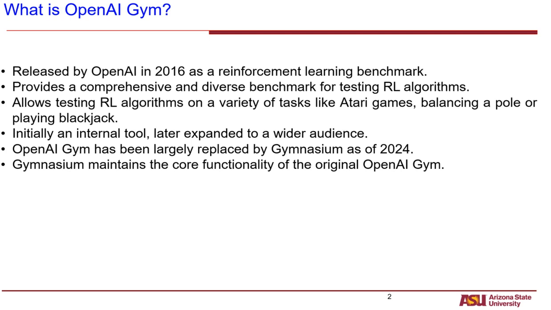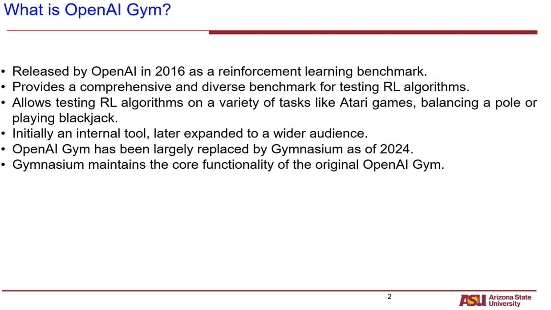After the success of using reinforcement learning to win over a human in the game of Go, there was a lot of interest in the topic, and the authors and other researchers felt the need for a tool or platform on which different algorithms can be tested in a fair and unbiased manner. That gave birth to OpenAI Gym, which was an internal tool earlier and later opened to a wider audience using a white paper that we have mentioned as a reference in one of the last slides.